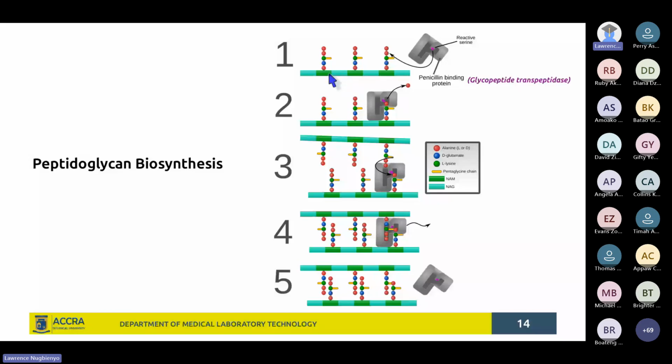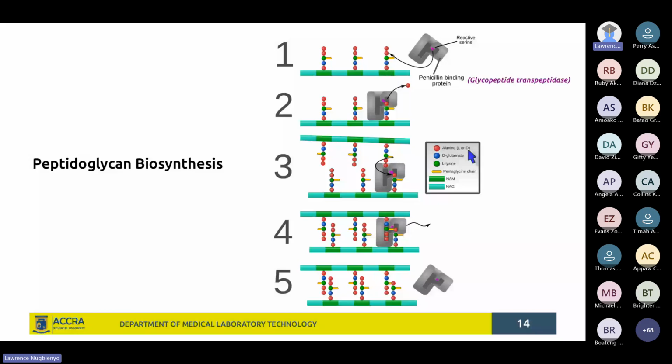And then on the residue of the N-acetylmuramic acid, the green one, you have the peptides. So on one chain like this, you are having a glycopeptide, because this is an oligosaccharide which is having some little peptide chains on them. And on each of these peptide chains, you have the peptides made up of, the red refers to alanine, the amino acid alanine.